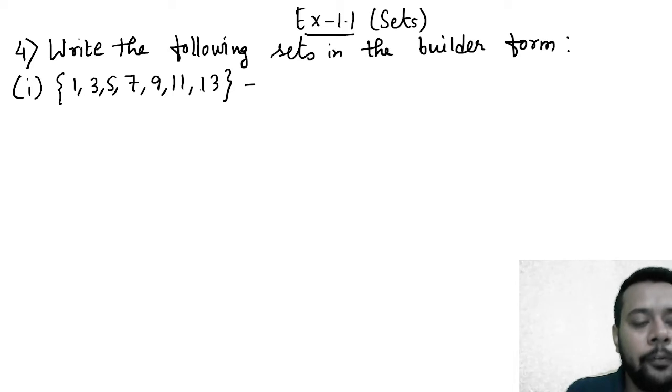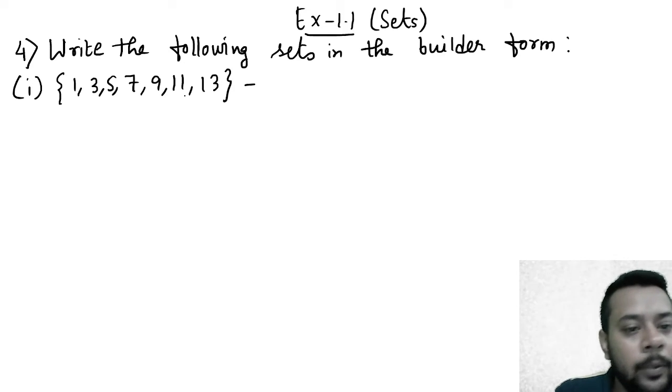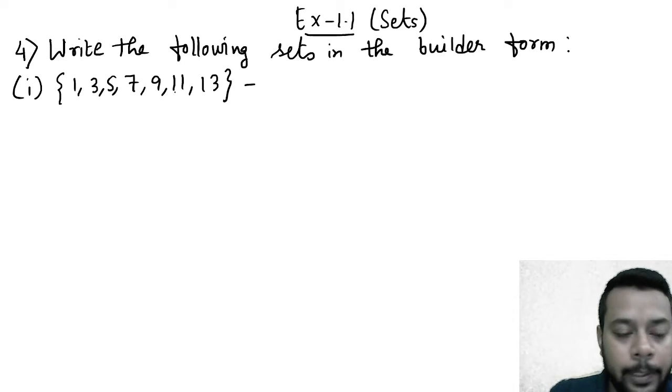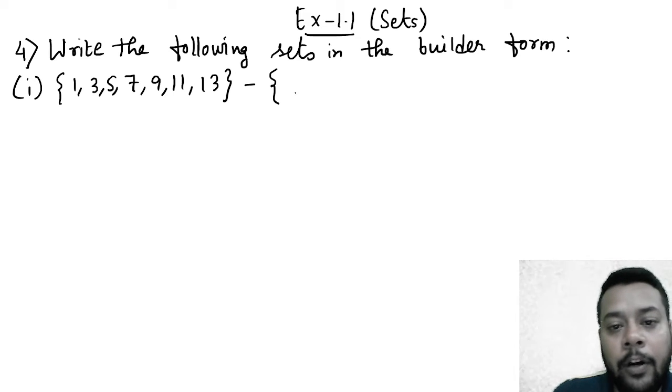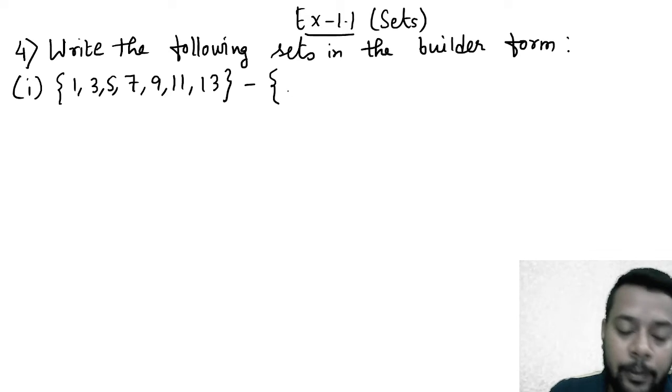If you carefully see these numbers, you can say that yes sir, it is an odd number. But odd numbers are only till 13. So how to write these numbers, which are in roster form, in the form of builder form?